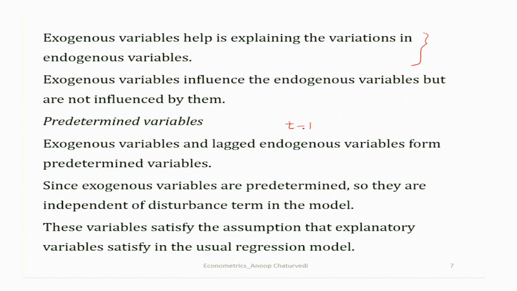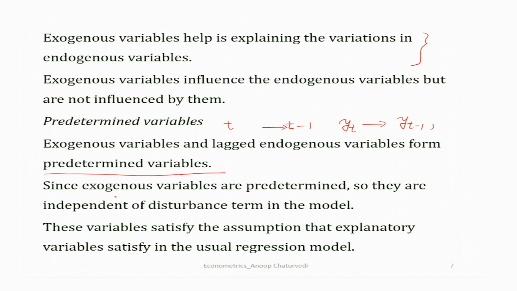Suppose you consider a particular equation at time t, and then that particular equation involves the value of an endogenous variable at time t minus 1. Say in determining y t, y t minus 1 is also involved, or lagged value of some other endogenous variable is involved in determining y t. So, the lagged endogenous variables along with the exogenous variables form the predetermined variables.